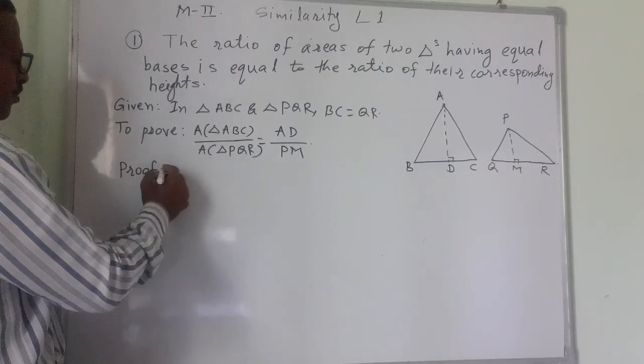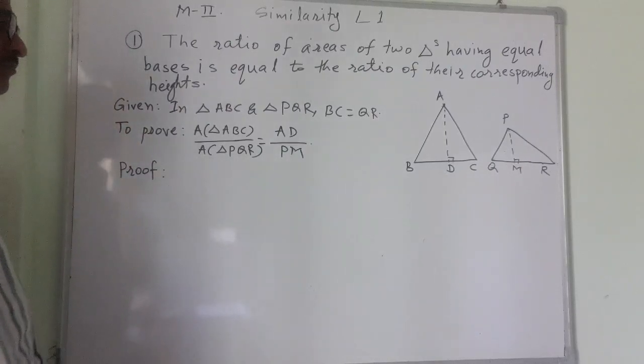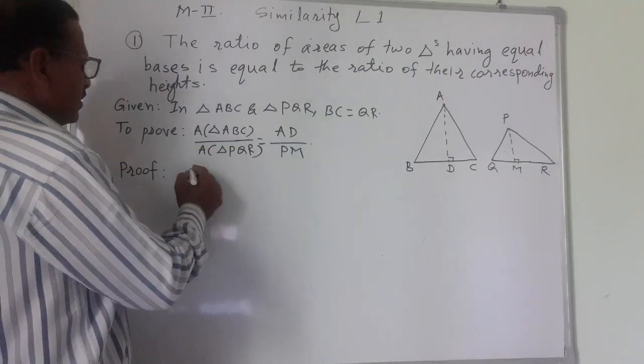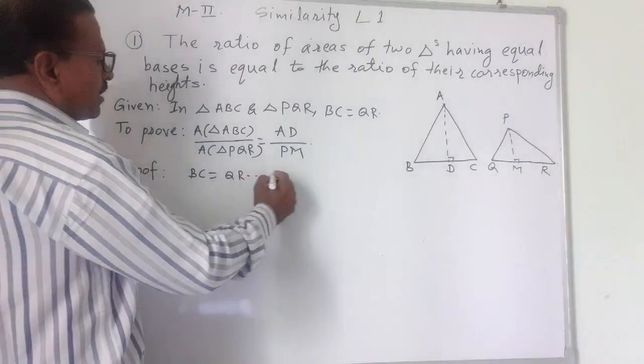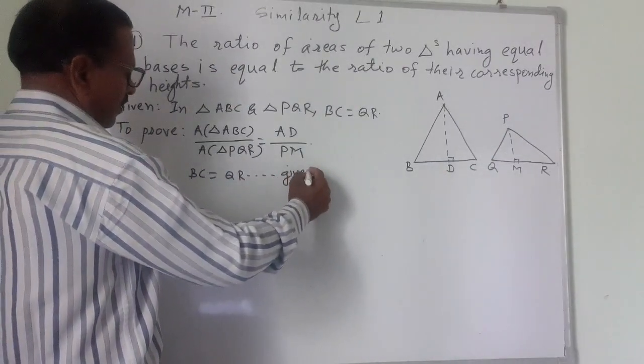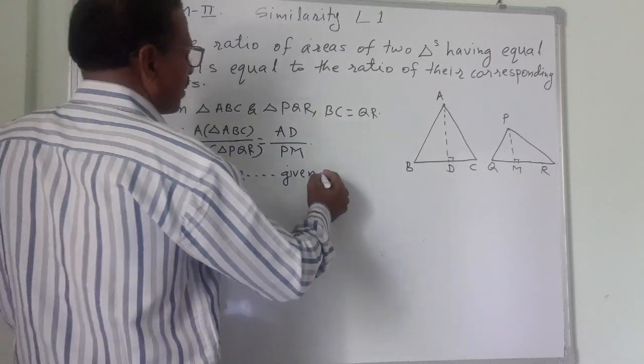As usual, we will proceed. First of all, BC is equal to QR, that is given. This is statement number 1.